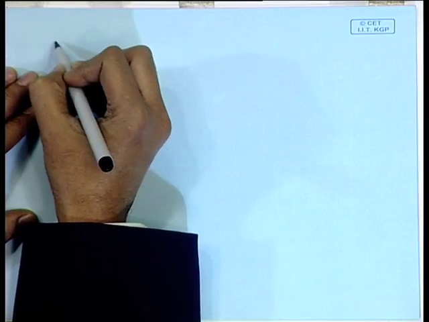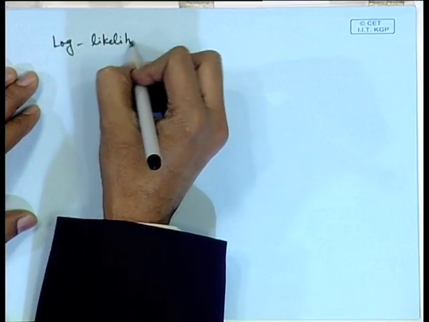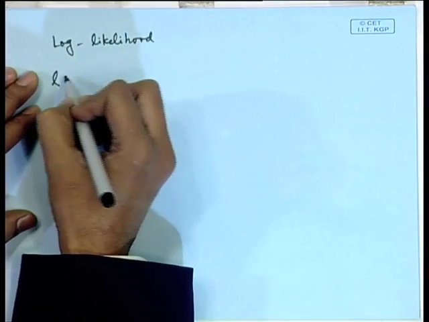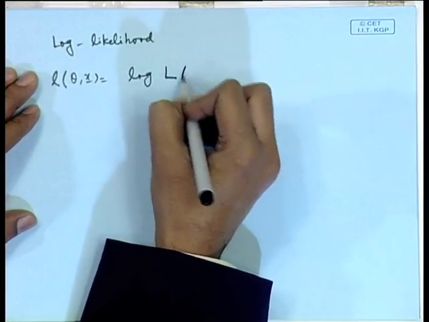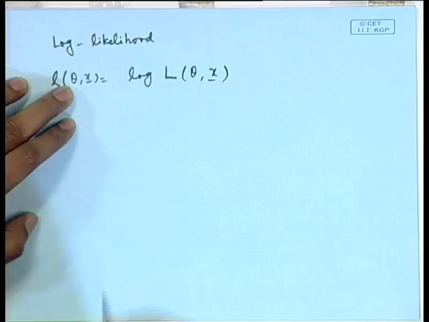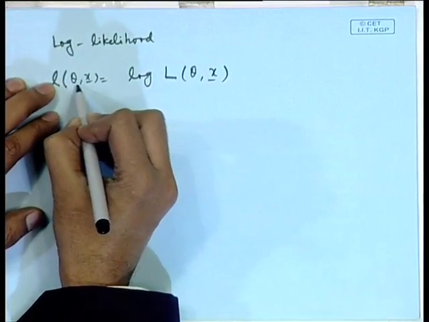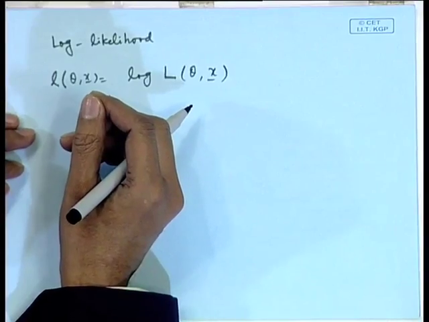So, we consider the log likelihood, that we denote by small l theta x, that is equal to log of L theta x. In the beginning we will consider the case when theta is a scalar, and then we also consider the case when theta is a vector, for example in the case of the normal distribution etcetera.